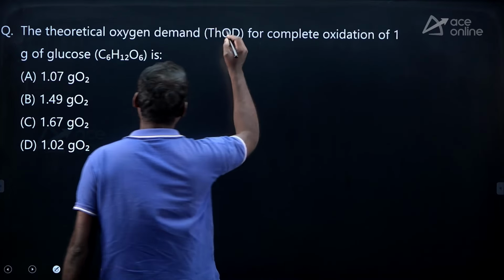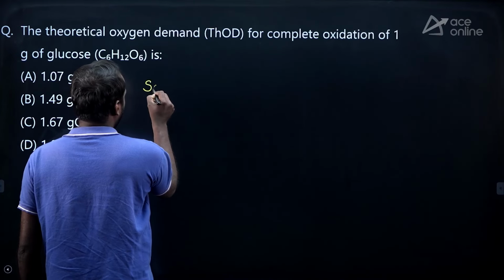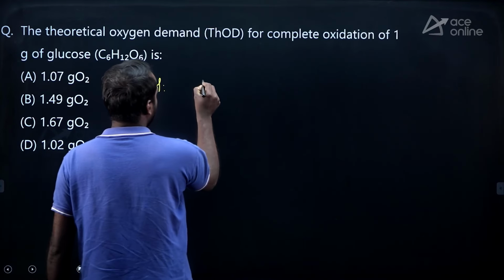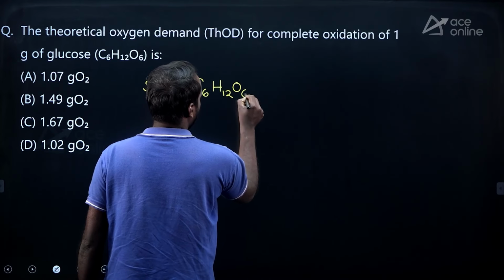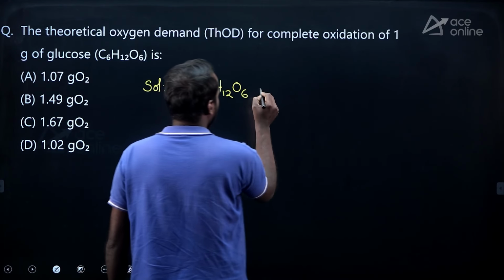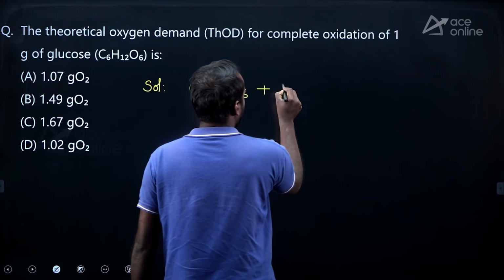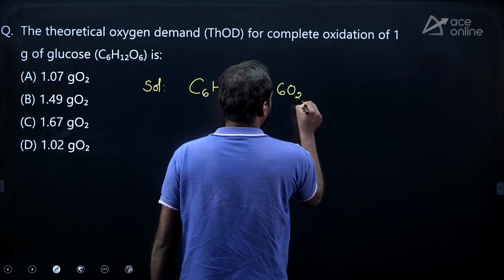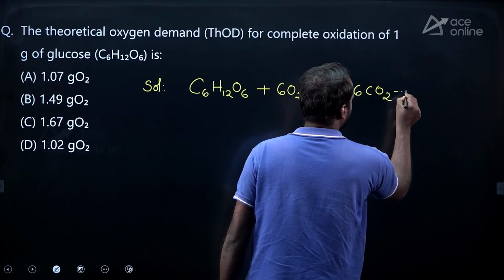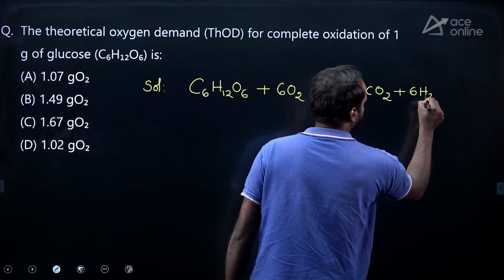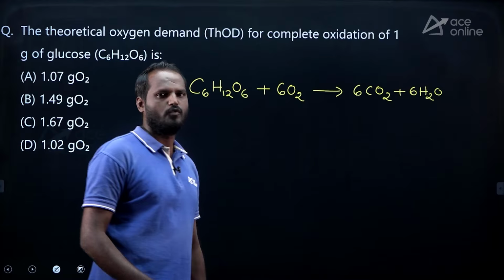You are already aware how glucose, C6H12O6, the formula he has already mentioned, upon oxidation gives 6CO2 plus 6H2O. This is the oxidation of glucose, right?